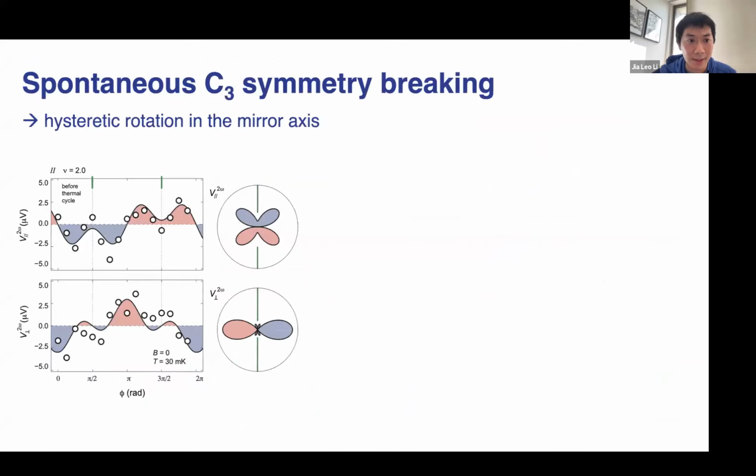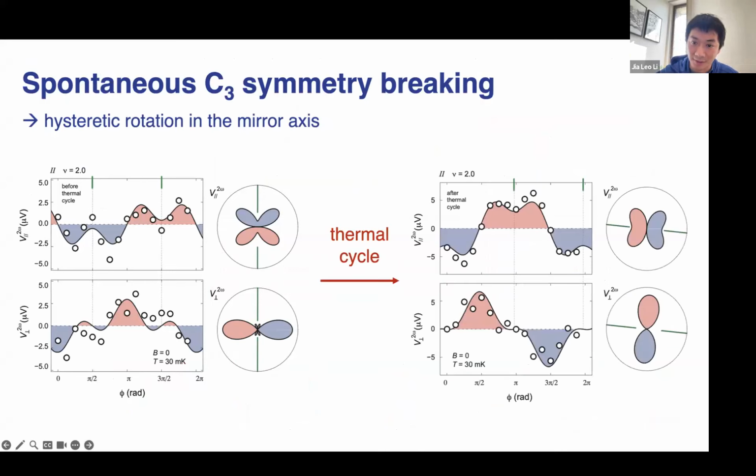So the next thing we did is to show that it looks like there is hysteresis, or there's tunability, right? For example, at this point, we did a thermal cycle. Before the thermal cycle, the mirror plane is in this direction. And then after a thermal cycle, there's a very clear rotation in the mirror plane, right?